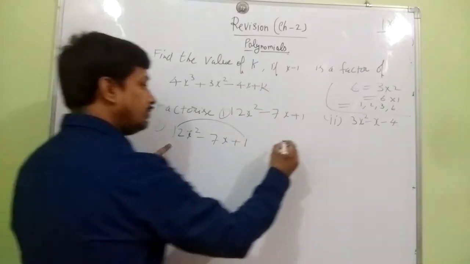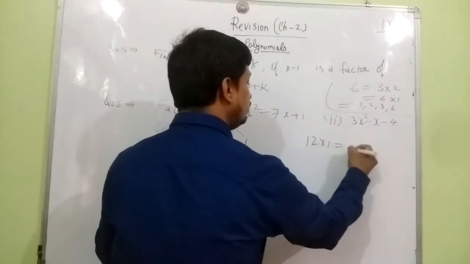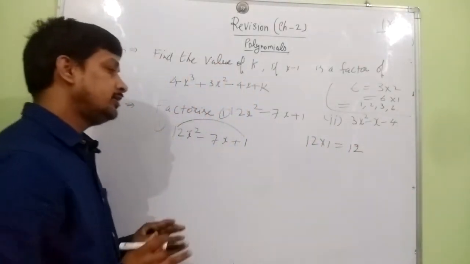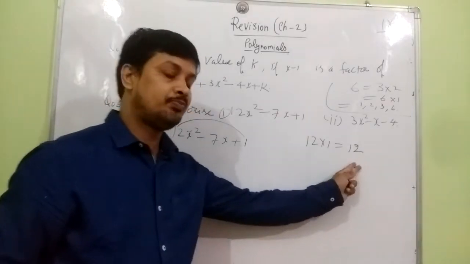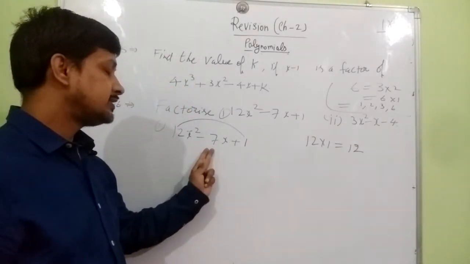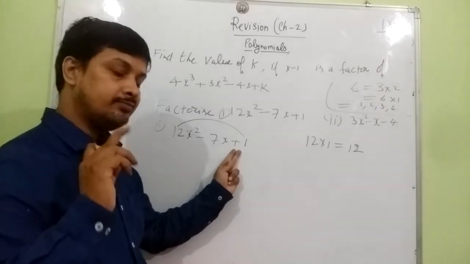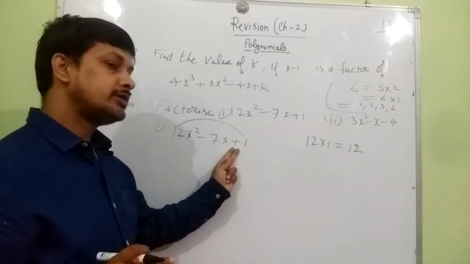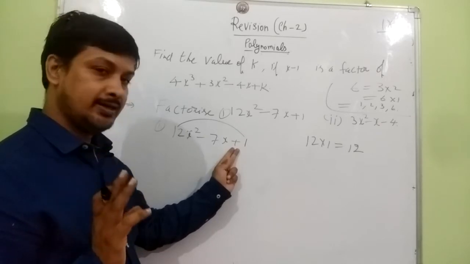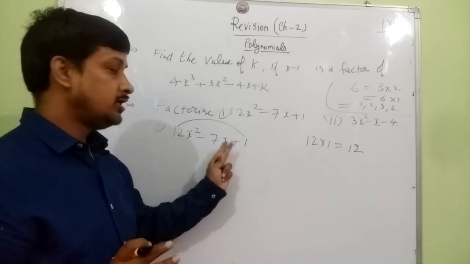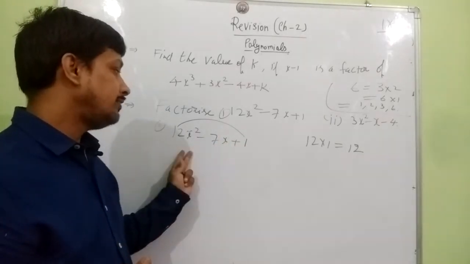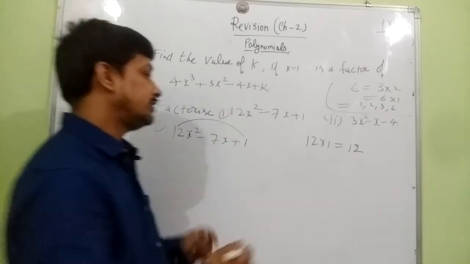So multiply 12 by 1, it will give you 12. Now we need the factors of this 12 whose sum is 7. Here there is a positive sign, so we are saying sum. If there were a negative sign, then we would say the difference. So we need the factors of 12 which have the sum of 7.